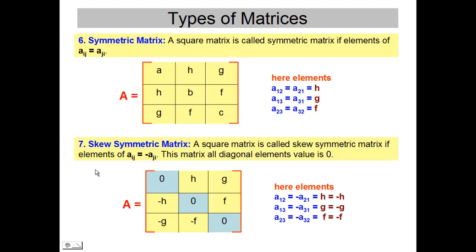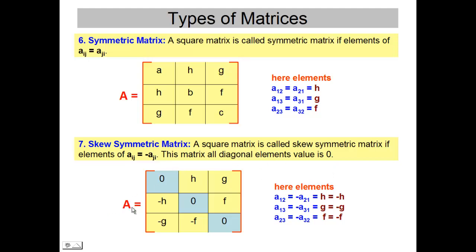The seventh matrix is the skew symmetric matrix. A square matrix is called a skew symmetric matrix if the elements A of ij equal minus A of ji. In this matrix, all diagonal elements are 0. This is important.